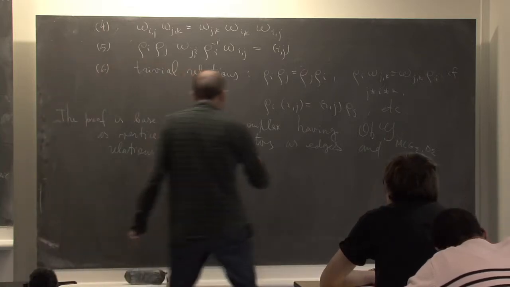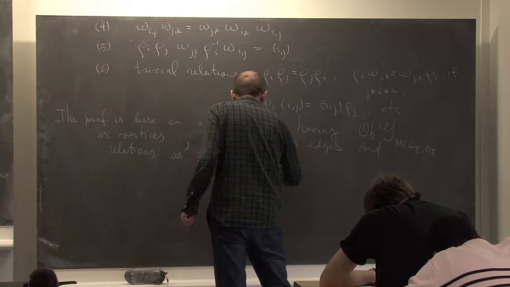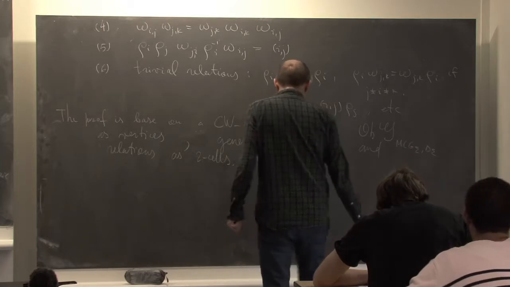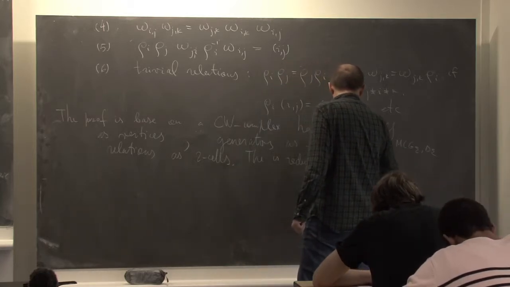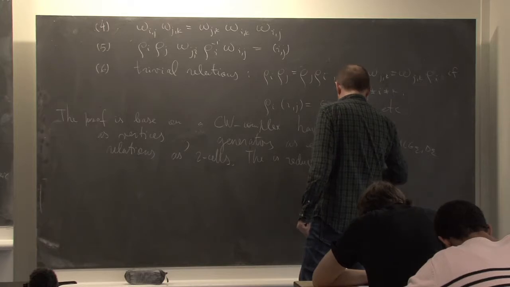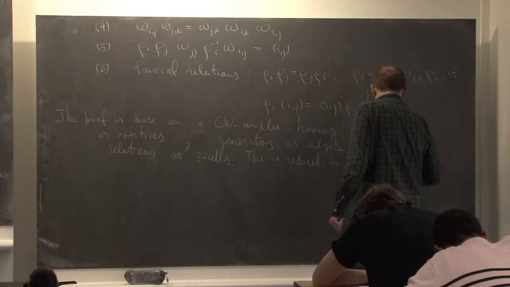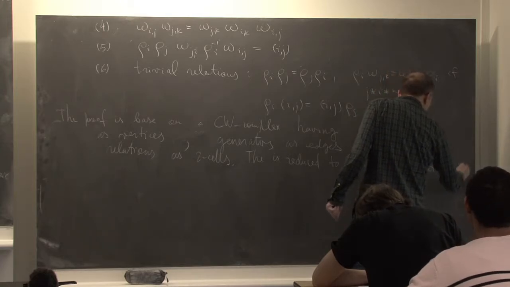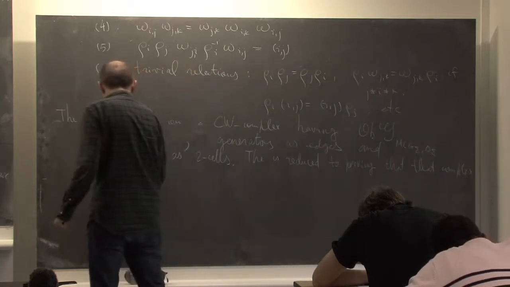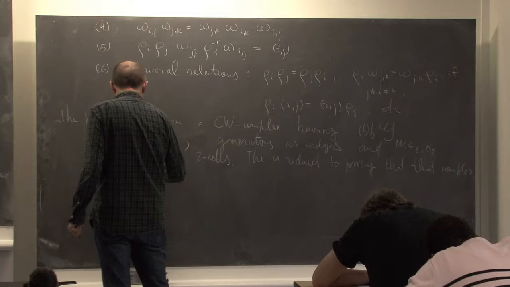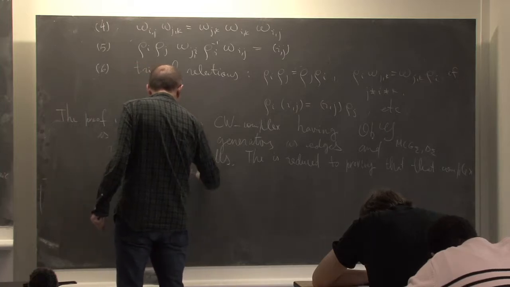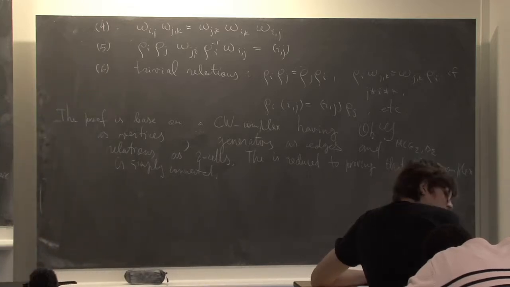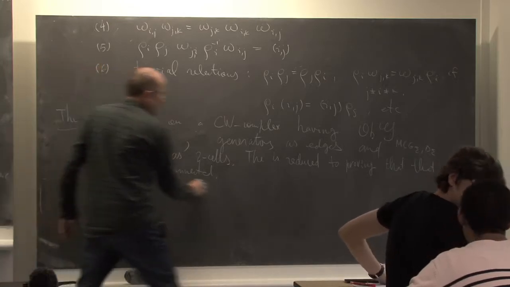And then the proof is reduced to proving that the complex is simply connected. Okay, so this is a kind of geometrical proof, that is the line of reasoning.